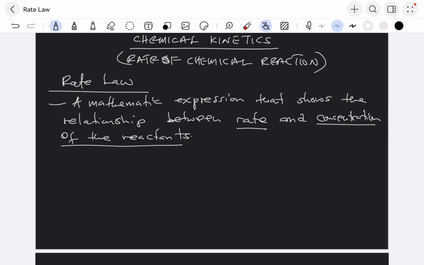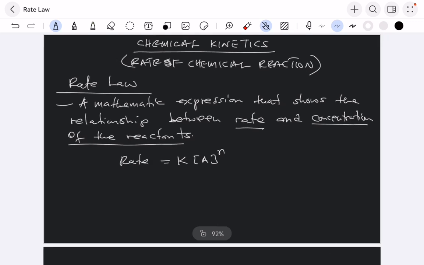So usually this is expressed as rate is equal to K[A]^n. That is for a reaction which has only A and produces products. So in this expression, we have to understand what the variables mean.